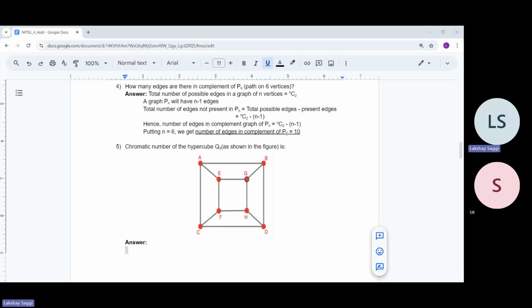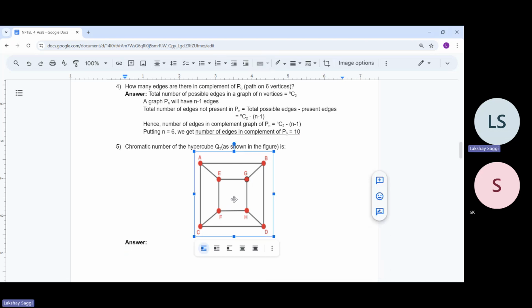So you can just try it out yourself. What according to you should be the chromatic number here? What is the minimum number of colors we require to color the vertices in this graph so that every edge has distinct colored endpoints?